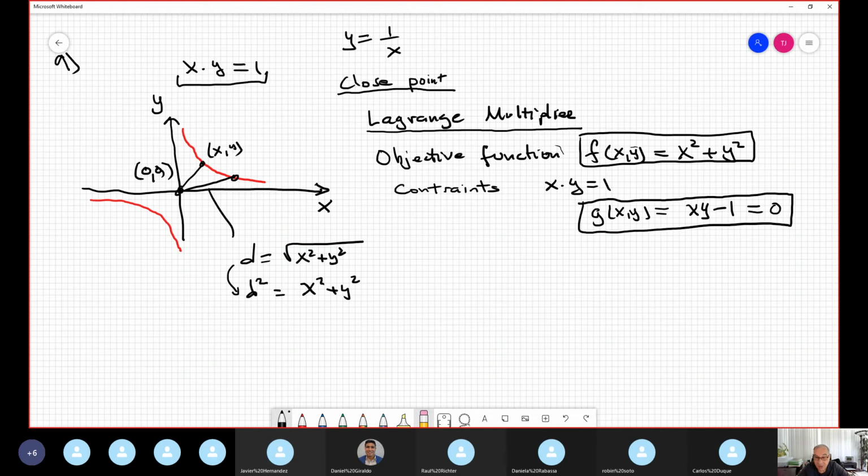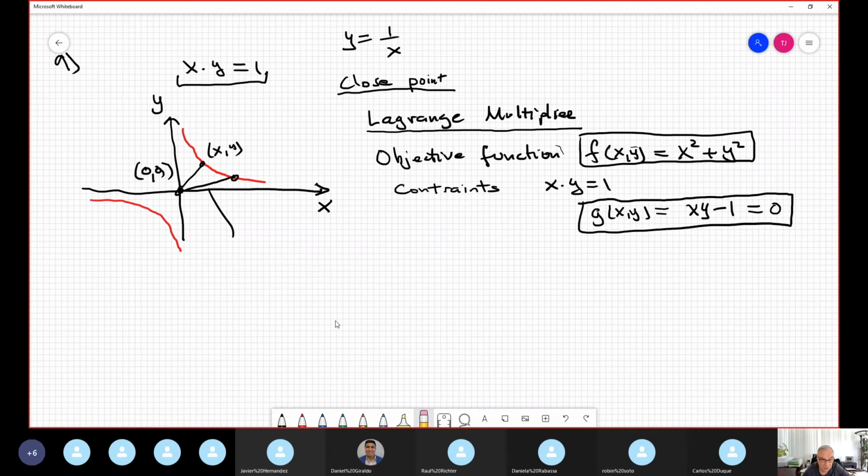Suppose you need to find the minimum distance, no? The distance you can find after the minimization, 5 or 25. Entonces actually the distance is the square root of 25. Yeah, this is the idea. So I eliminate the square root because I want to make the objective function easy.